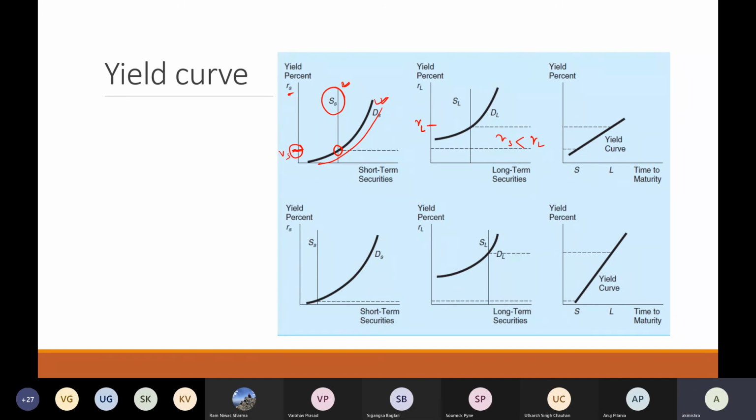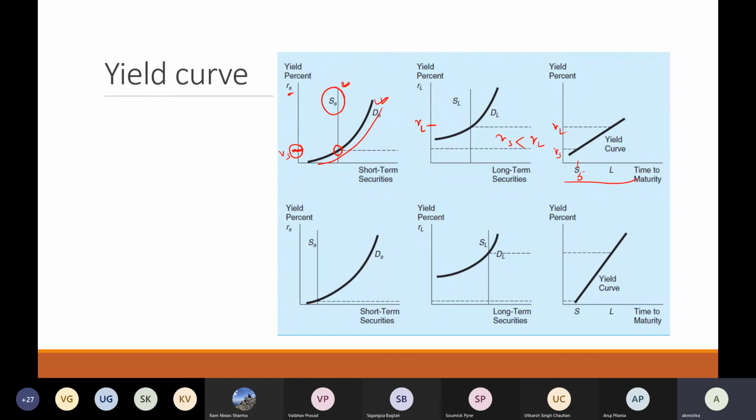These are two different demand and supply curves. When we overlap both, this is what we get. This curve suggests the yield curve: RS is the return on the 5-year and RL is the yield on the 10-year.